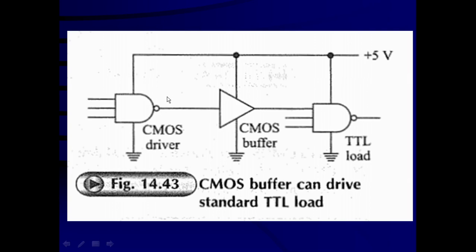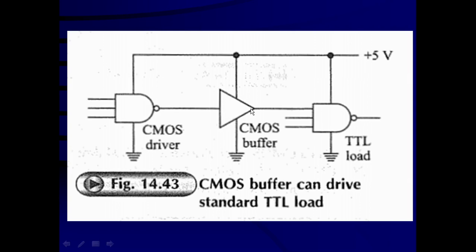Now you can see how it is connected. This is the CMOS driver. The CMOS driver, the CMOS buffer as well as the TTL loads are all connected to the 5 volt supply pin, so they are operating with VCC equal to 5 volts. When the CMOS driver is in the low state, its output is 0 volts, which is the input to the CMOS buffer.